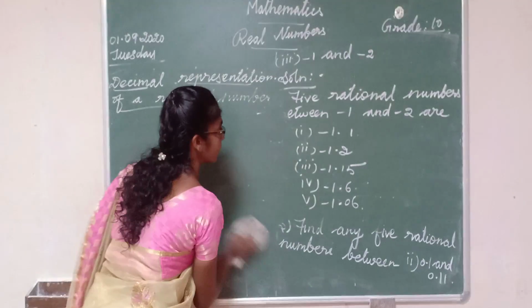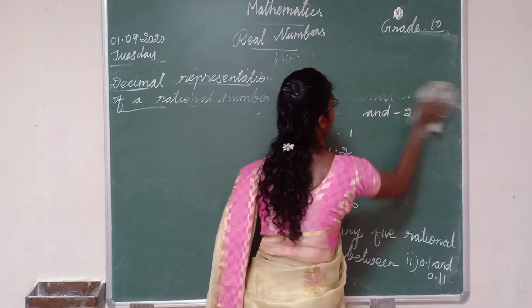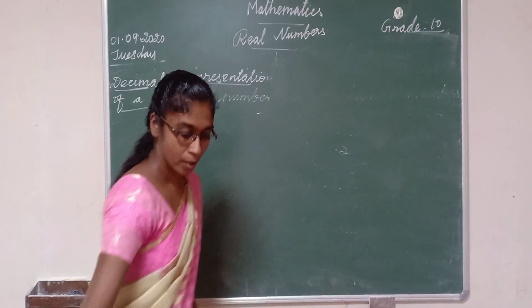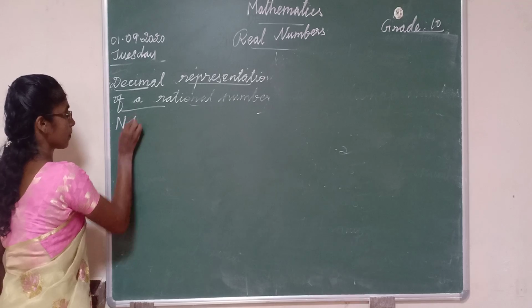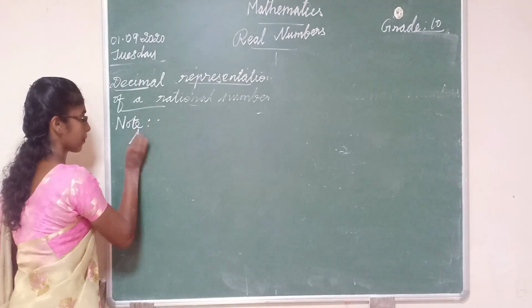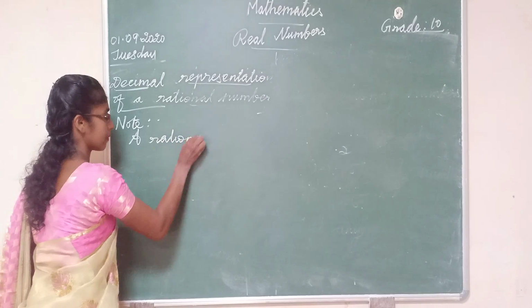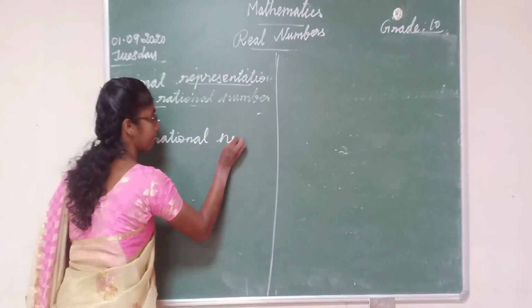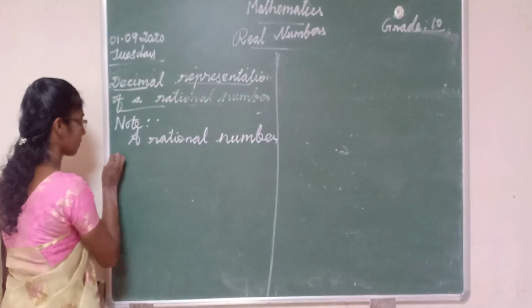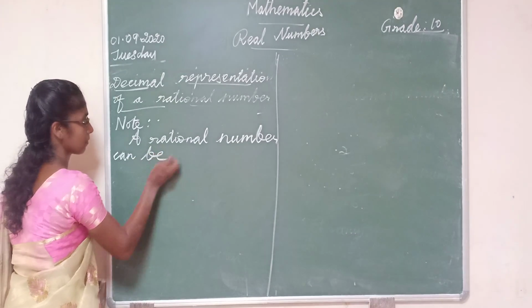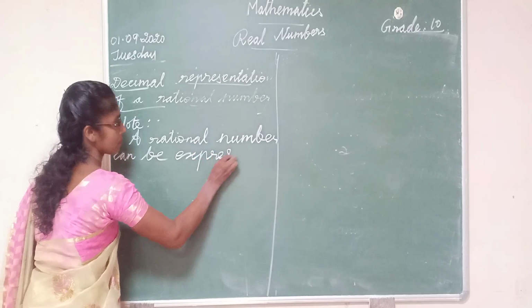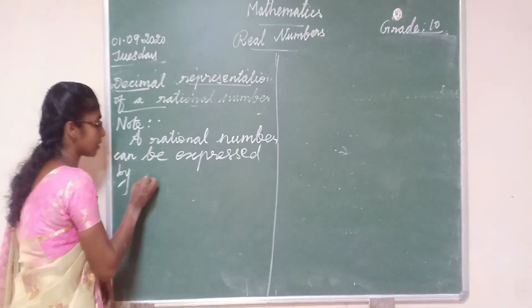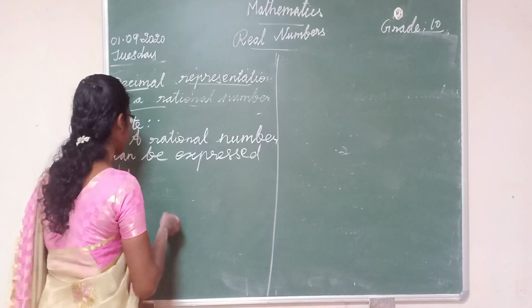Note. A rational number can be expressed by either a terminating or non-terminating and recurring decimal.